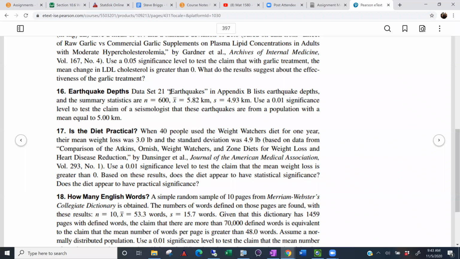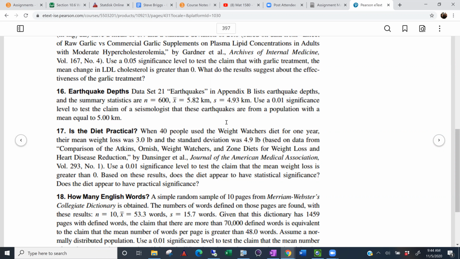Data Set 21, earthquakes, in Appendix B lists earthquake depths, and summary statistics are n equals 600, x bar equals all this. Use the 0.01 significance level to test the claim of a seismologist that these earthquakes are from a population with a mean equal to 5 kilometers. What page is this again? Page 397.